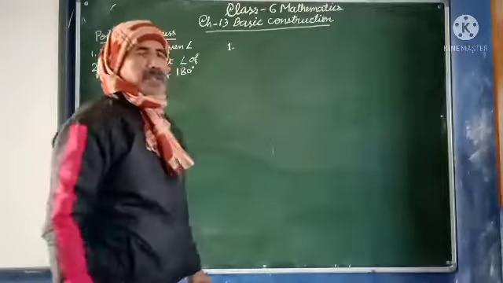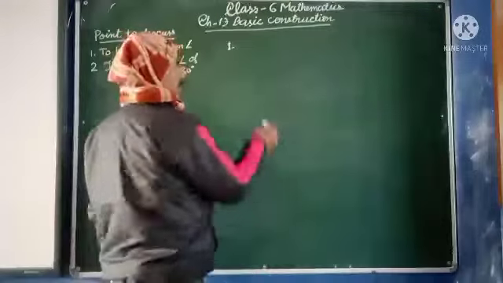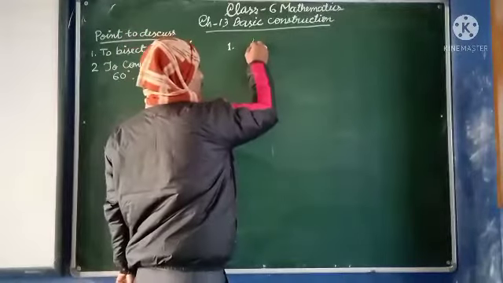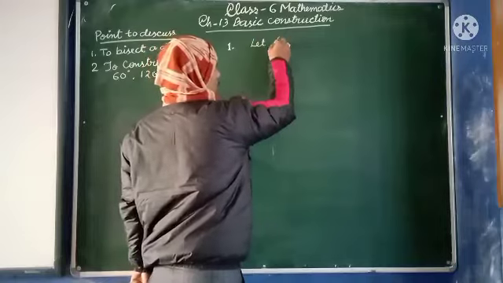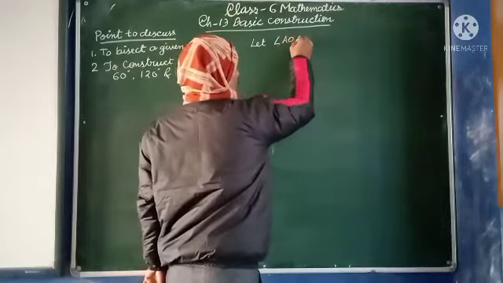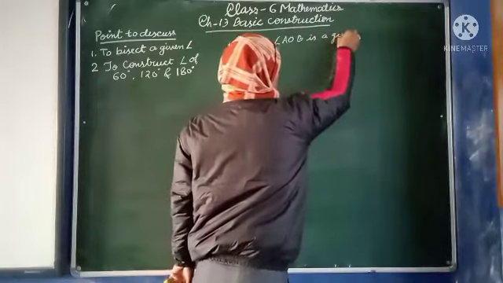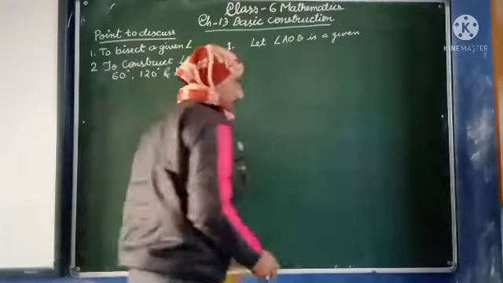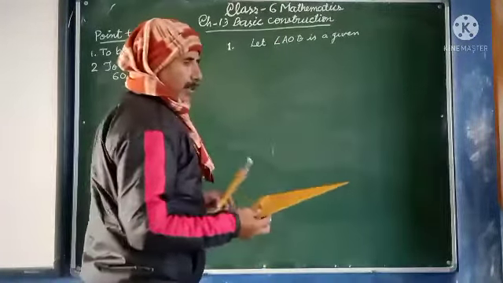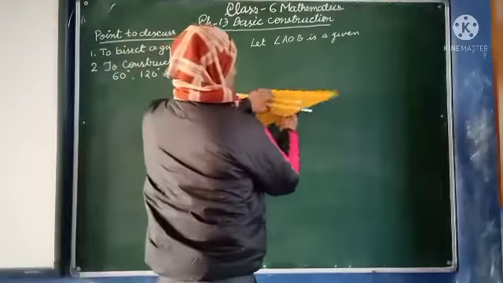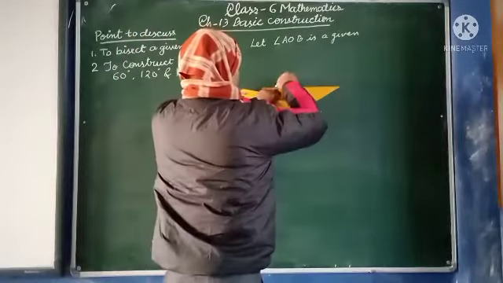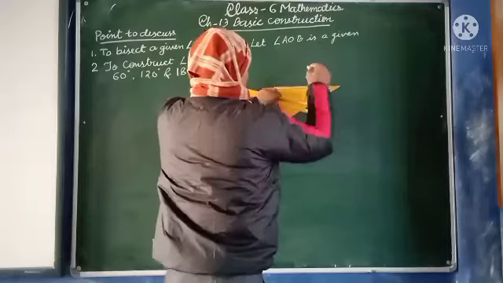We have a given angle, let angle AOB be the given angle. So first of all, we will draw an angle with the help of our ruler.